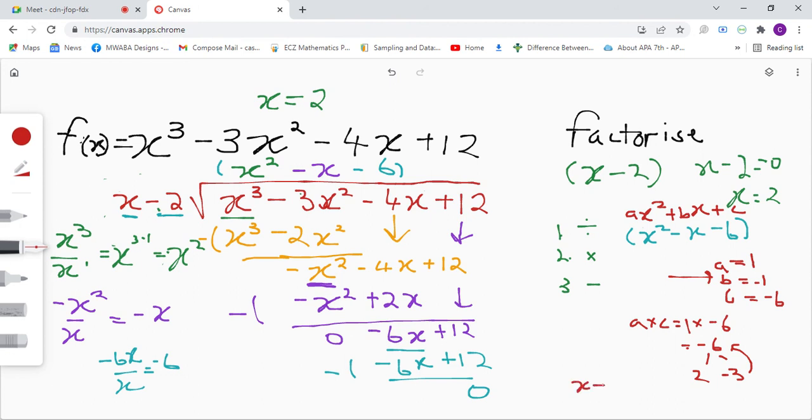We're just going to say x plus 2 and x minus 3, and we have our x minus 2. So now we have fully factorized the polynomial: x minus 2, x plus 2, x minus 3.